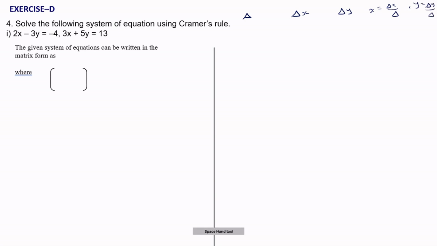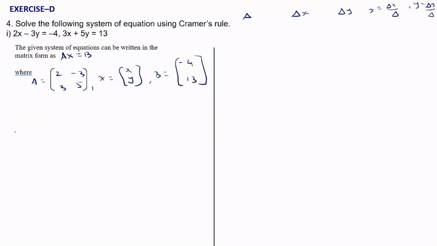So here the given system of equations can be written in the matrix form as Ax equal to B, where A equal to 2 minus 3, 3, 5, X is x and y, and B is minus 4, 13. Now delta is determinant of 2 minus 3, 3, 5.